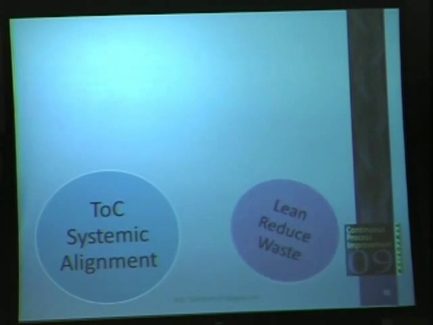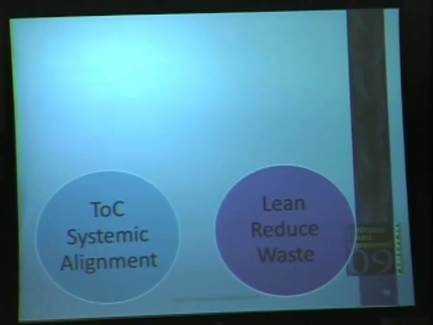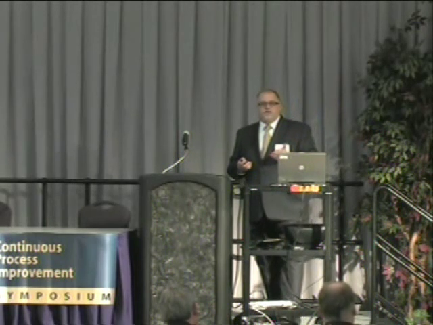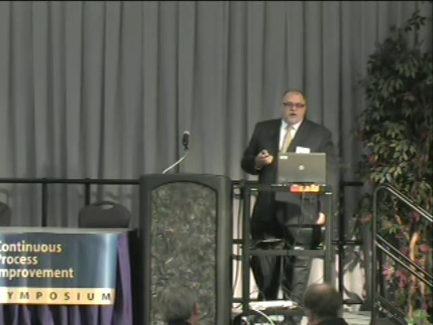And then we use Lean to drive the waste out of that process. And once we've done all that, then we work on perfecting the process with Six Sigma to reduce the variation. There's a certain sequence and there's a certain reason why we do that. So the process starts with this. First of all, let's create a structure for continuous improvement.